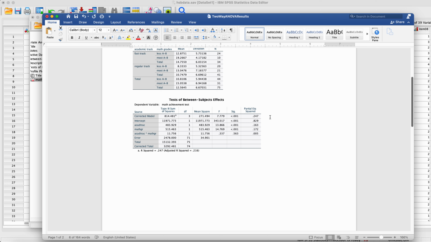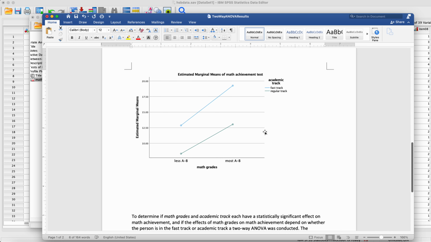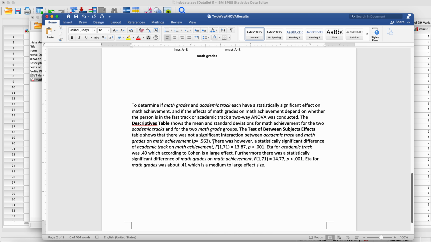If you don't have a good math textbook, you're going to need to at least cite a good math textbook in your dissertation. But you can also look it up online on Laerd Statistics. So that's just a sample write-up of the two-way ANOVA. It's short and to the point, but in your chapter 3, you would definitely expand upon it. But this is how you would actually describe the results to someone when you do a two-way ANOVA.